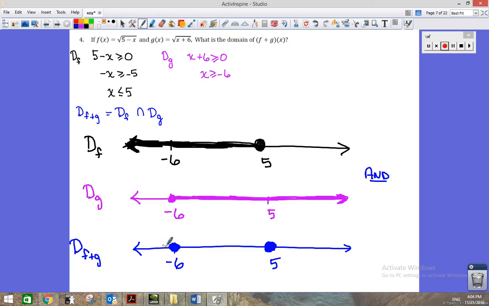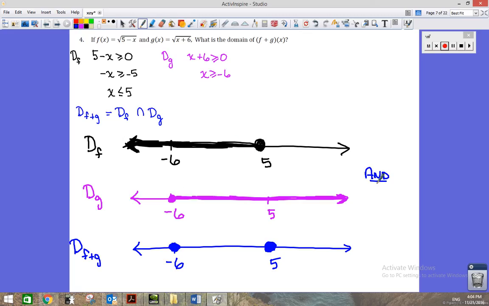Now, numbers that are smaller than -6 are in the domain of f but not in the domain of g. They have to be in both to be in my answer, so they will not be in my answer because they're not in g. Now, the numbers that are between -6 and +5 are in the domain of f and also in the domain of g.